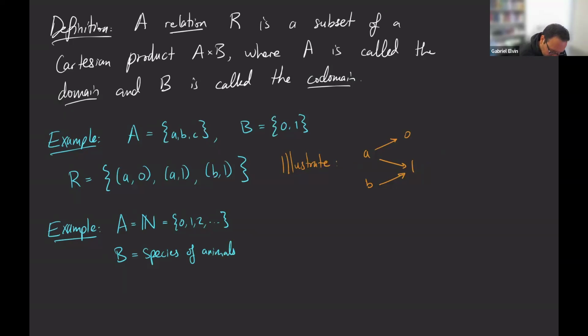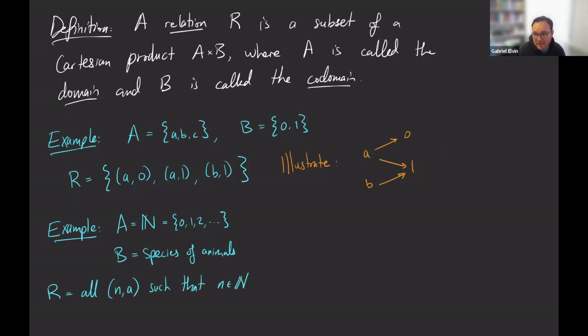Then the relation is going to be all ordered pairs such that n just has to be a natural number.